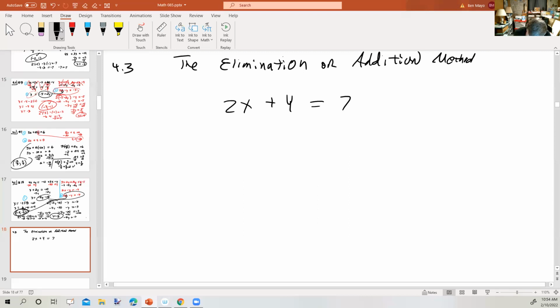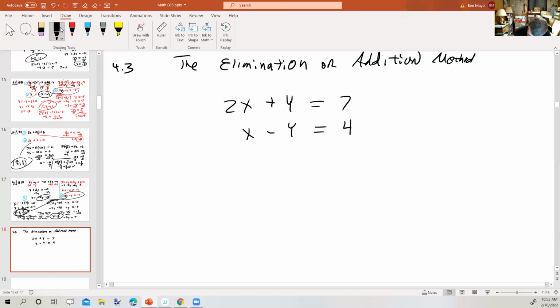Let's say I had another equation that was x minus y equals 4. Okay, so x minus y is equal to 4. Now, we can add the same quantity to both sides of an equation and get a new equivalent equation that still has the same solution set.